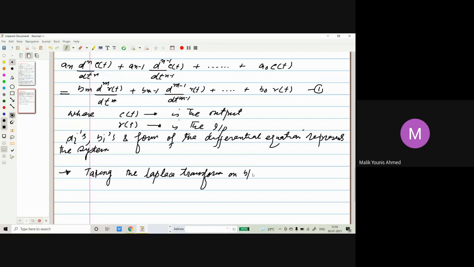We already know, we have done this in network analysis, that d by dt will represent s in going from time domain to s domain.